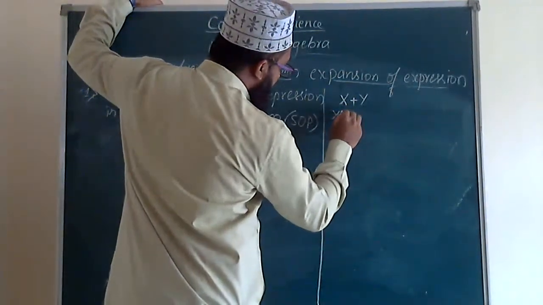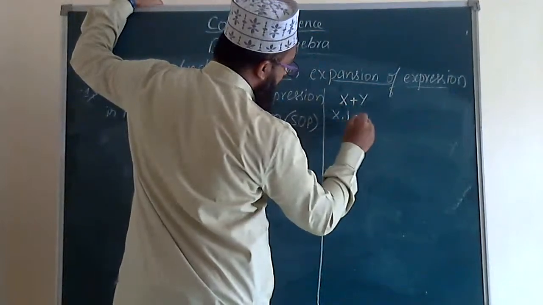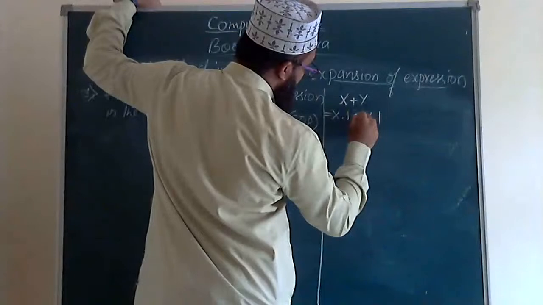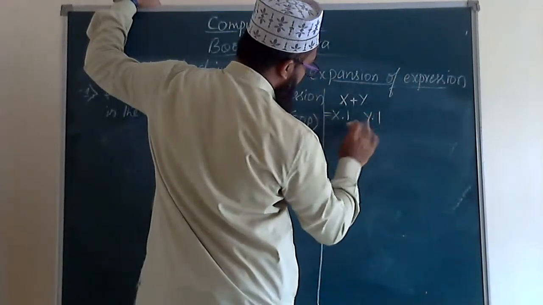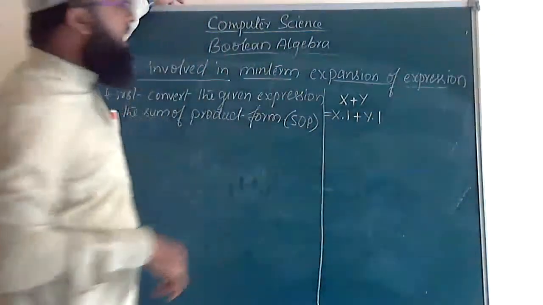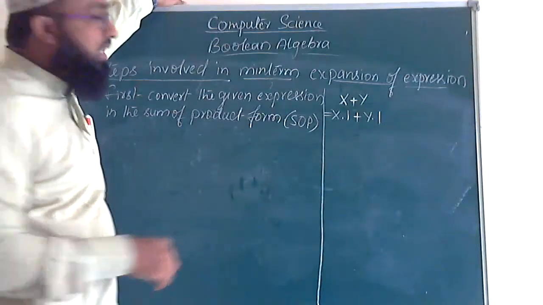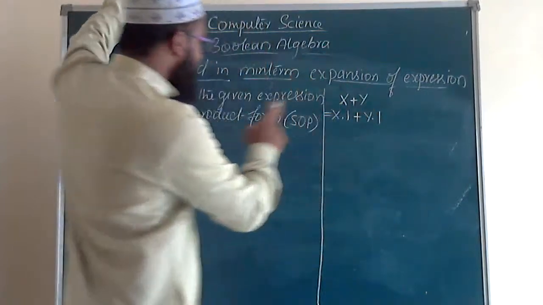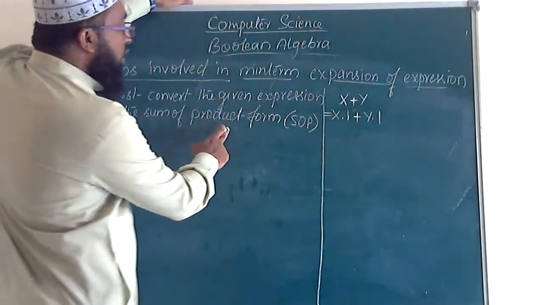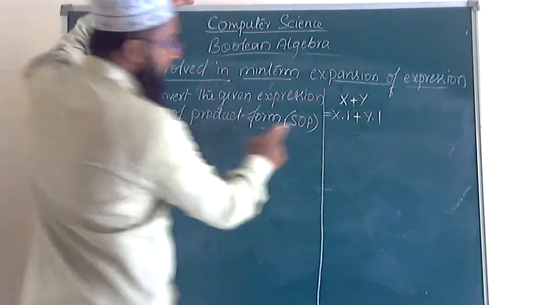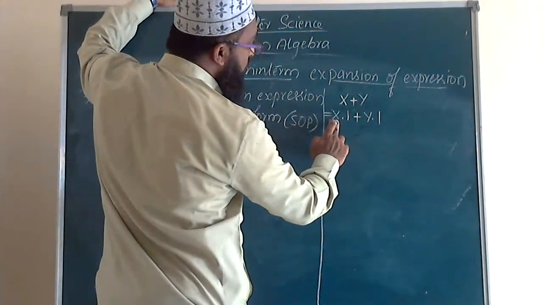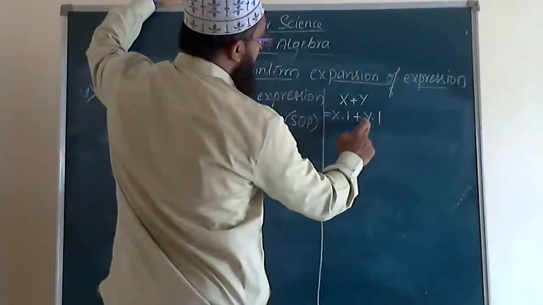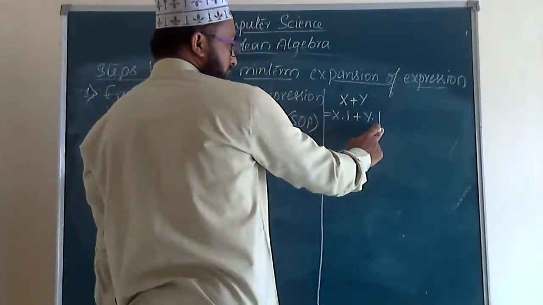So x into 1 plus y into 1. If any expression contains only a single variable, then to convert it into sum of product form we have to multiply it by 1: x into 1 plus y into 1.